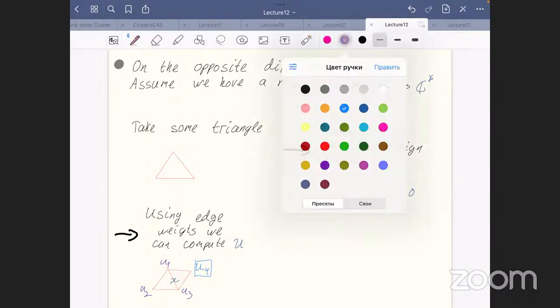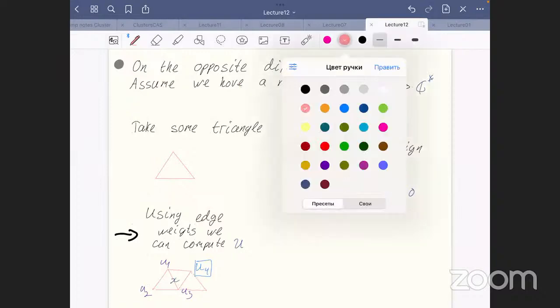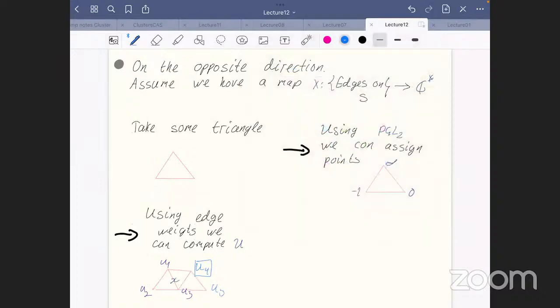Then look into the next triangle. We can compute u5 and so on. So if we know the weights assigned to the edges, then we can compute all points; this is an inverse map.